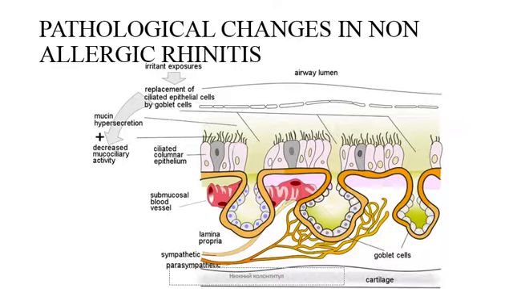In that slide, we can see the pathological change in non-allergic rhinitis. With irritant exposure, ciliated epithelial cells are replaced by goblet cells, which leads to mucin hypersecretion and decreased mucociliary activity.